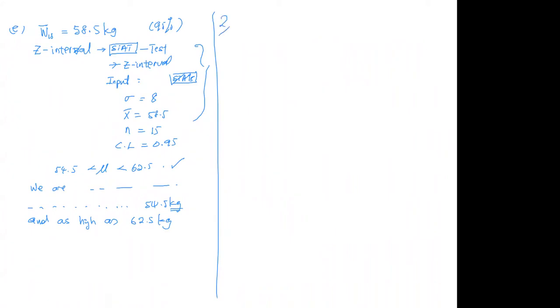So if X is the population with mean of, maybe I give you 5, and standard deviation of 0.8.